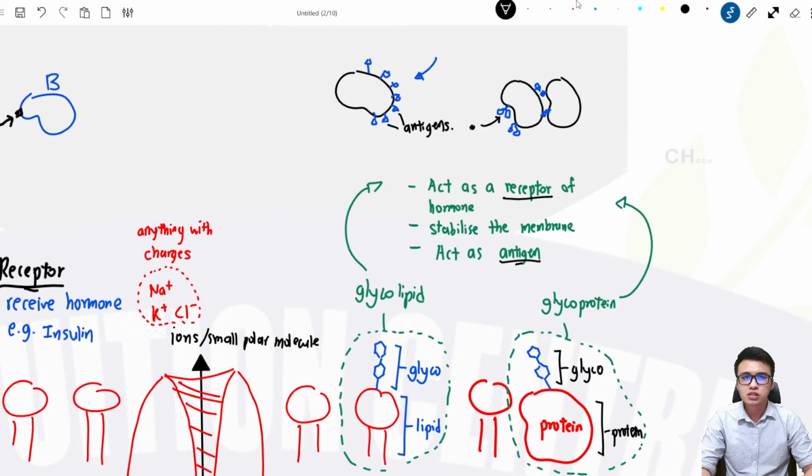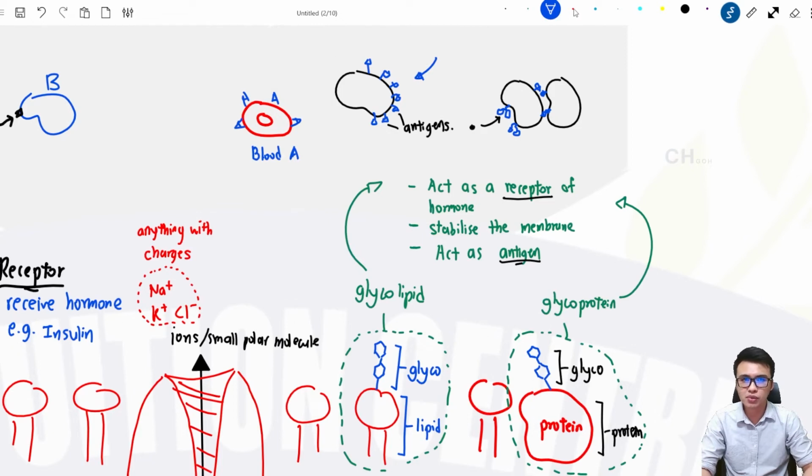Just like some of you guys have blood group O, or blood group AB, blood group A, like this. Why do we have blood group O, A, B, and so on? Because the red cell has different shapes of the antigen. For example, blood group A has some A antigens on top of the plasma membranes.